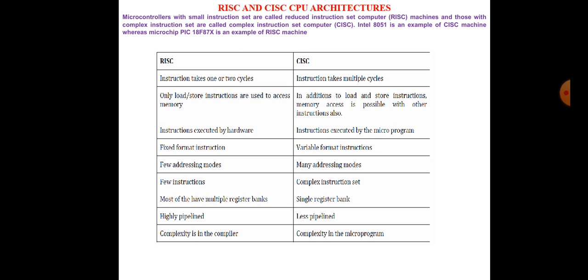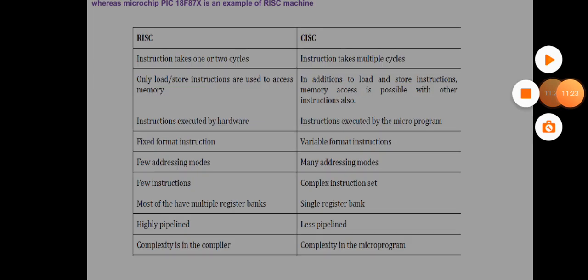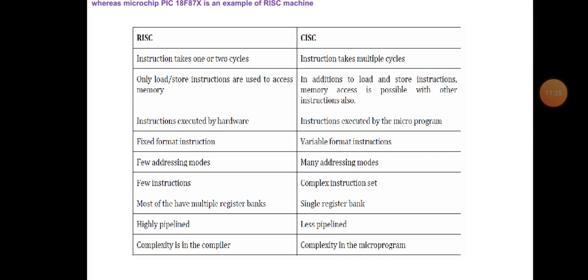That depends on the number of instructions available, meaning which concept the computer follows, the RISC concept or the CISC concept. So, coming to a comparison of RISC and CISC.